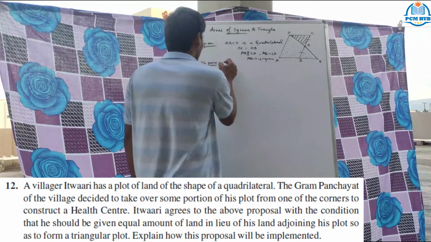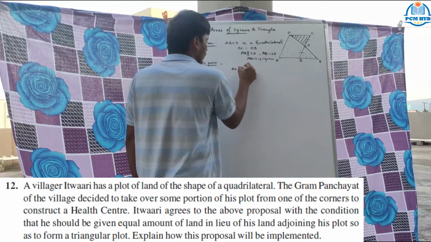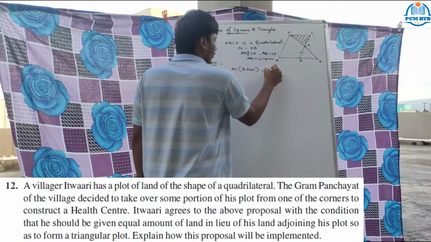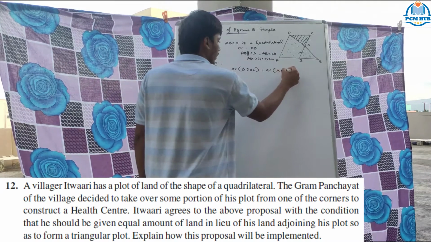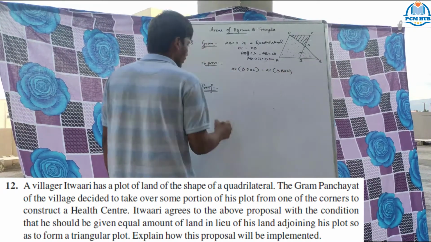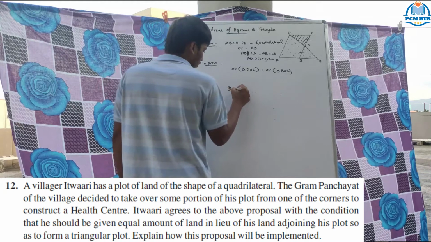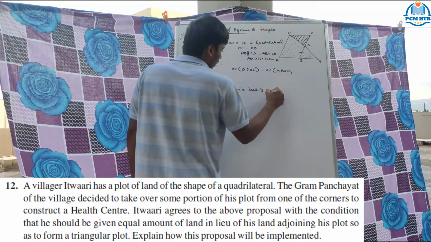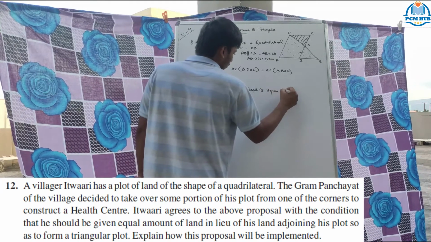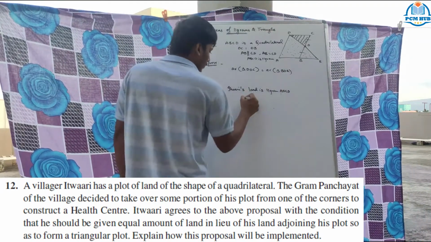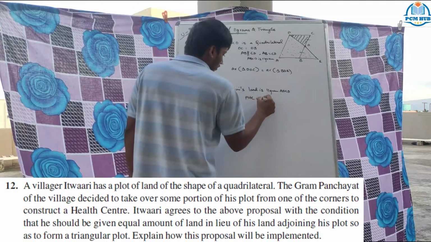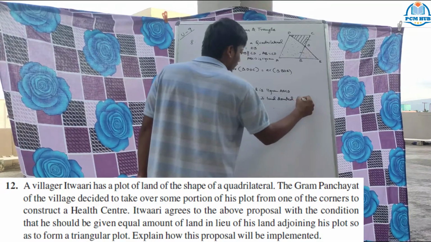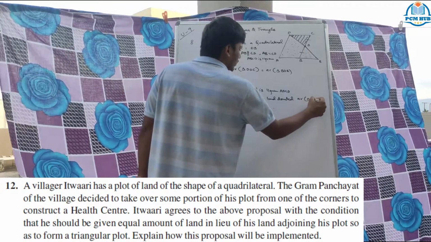Now, what is to prove? Area of triangle DOC equal to area of triangle BOE. Itwari's land is parallelogram ABCD. Now, the PHC unit land donated: what is the land donated for PHC? Area of triangle DOC.